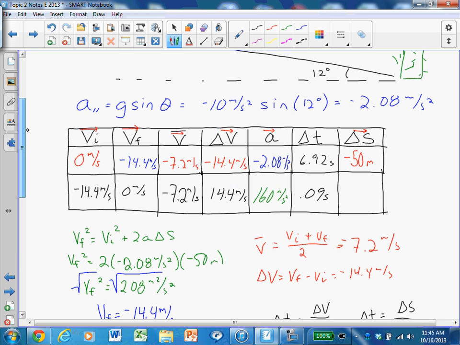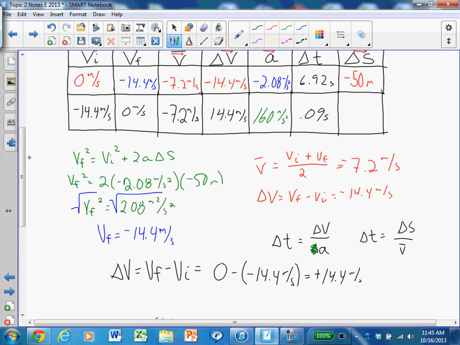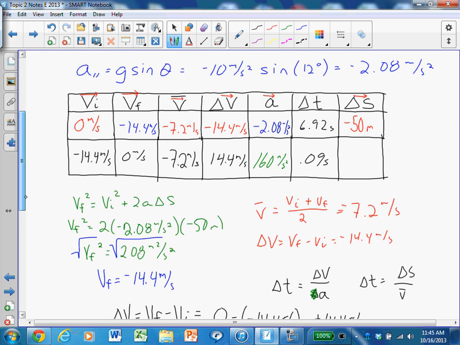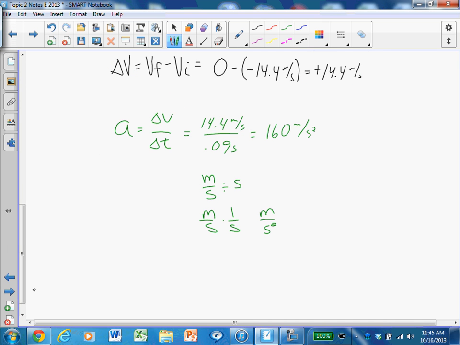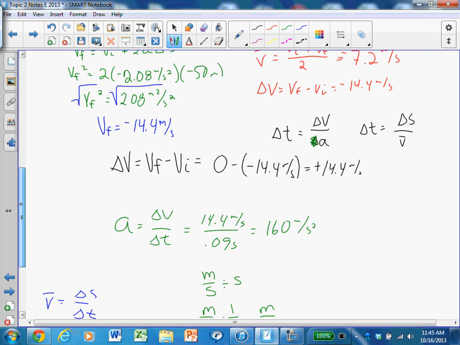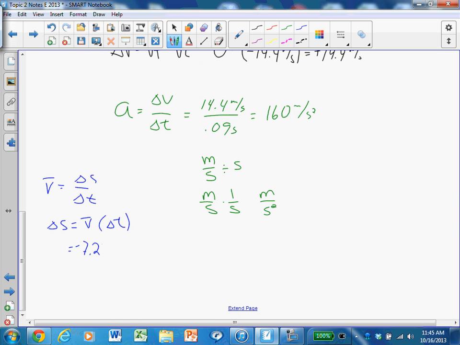Delta S. Alrighty. V bar was minus 7.2 meters per second, and delta T was 0.09 seconds. So that gives us minus, what?